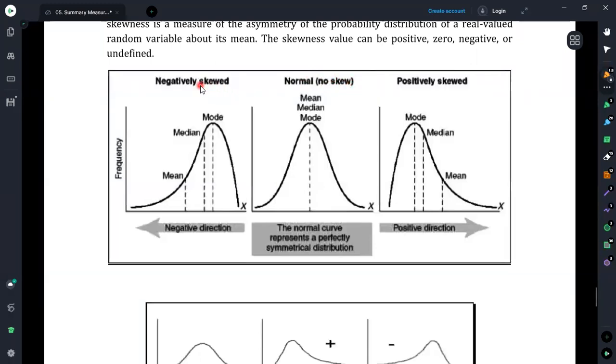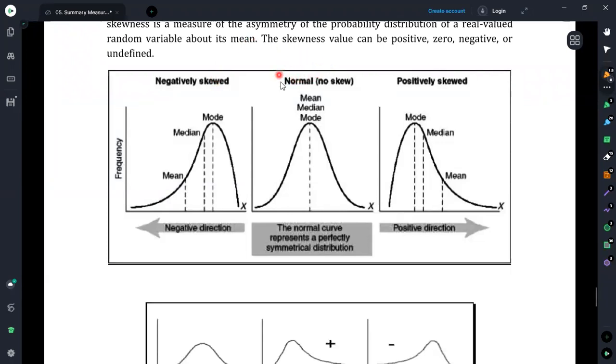If it is negatively skewed, we can see that a tail is moving in the negative direction of the distribution. Therefore, the majority of data is on the positive side, and there is a decaying tail on the negative side. Then we can say such a distribution is a negatively skewed distribution.